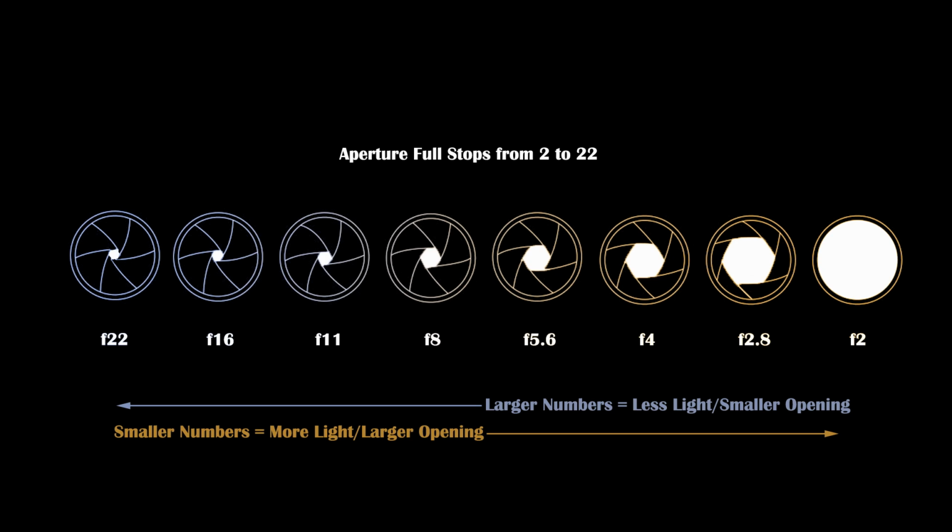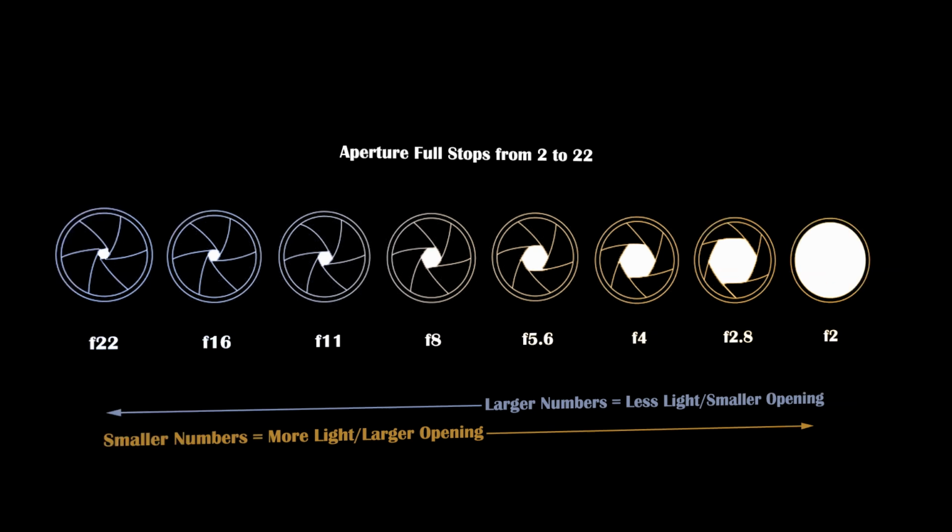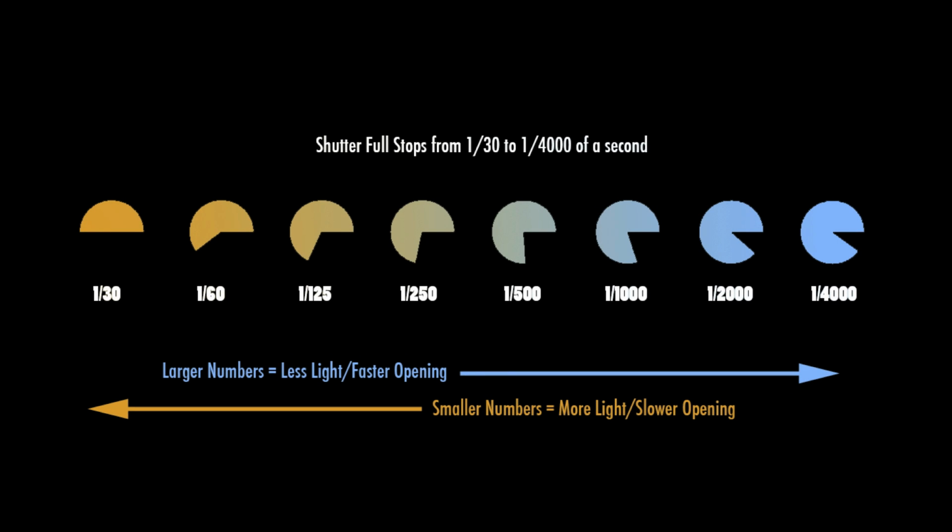So here we're not going to talk about compensation, that's for another lecture, but the idea is that by giving the user a shorthand method of determining how much more or less light is coming through, you're able to get a better idea of what's going on in terms of exposure.